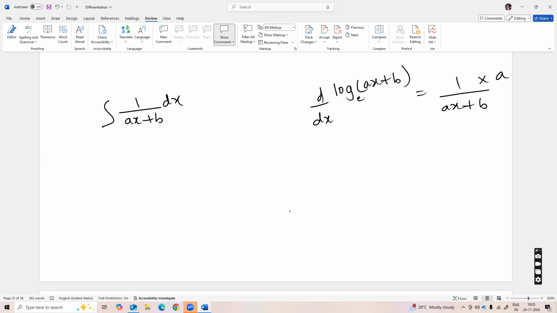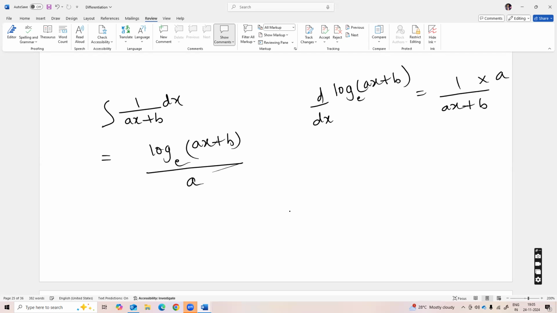So the integration of 1 upon ax plus b dx is equal to log of ax plus b divided by a.